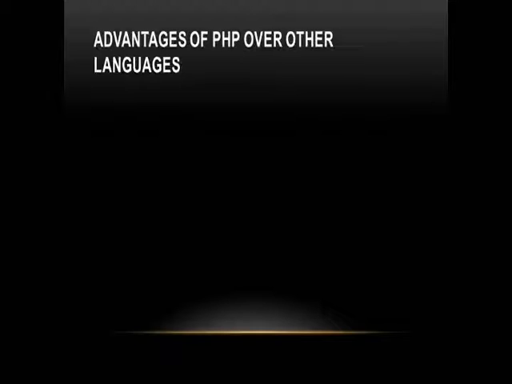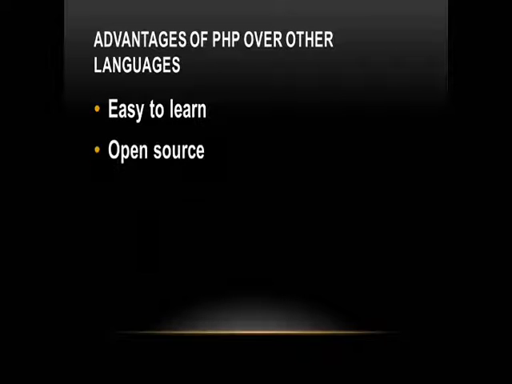Now, advantages of PHP over other languages. First, easy to learn. It is easy to learn because basically you can actually use it, and for beginner programmers who just started out in web development, PHP is often considered the best and preferable choice of scripting.